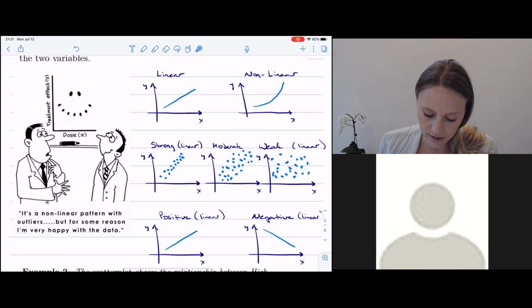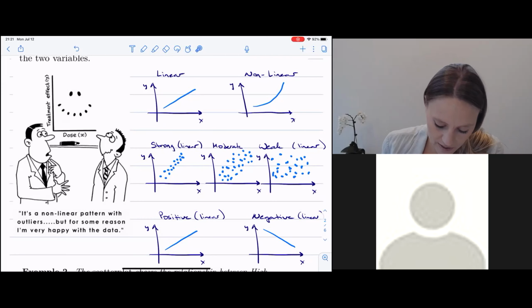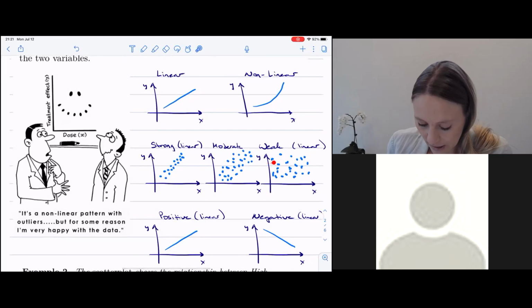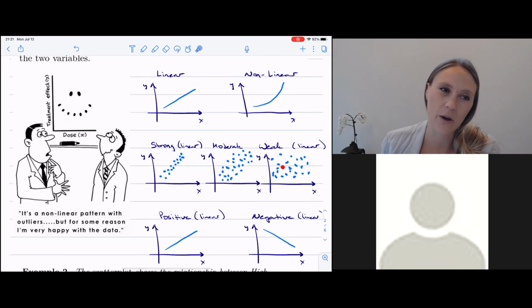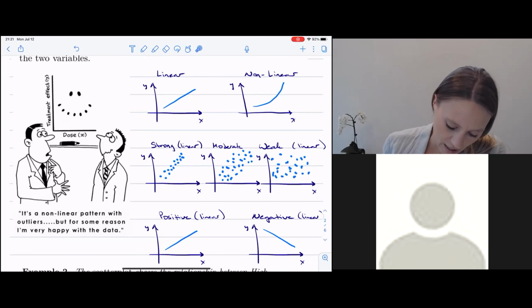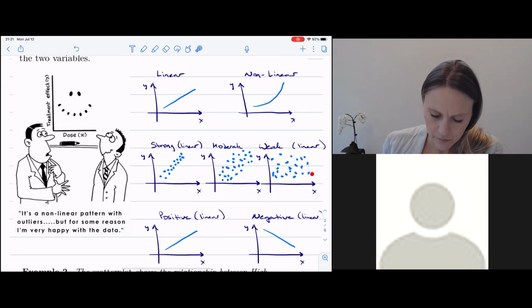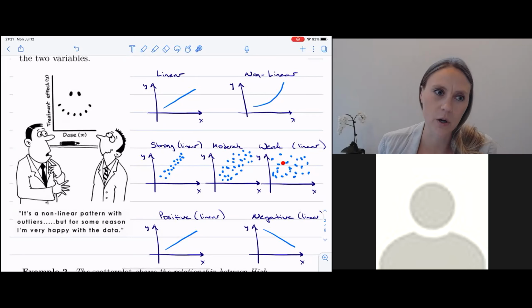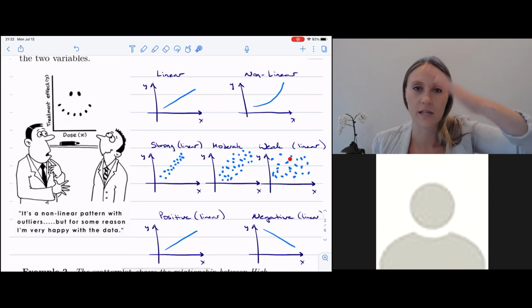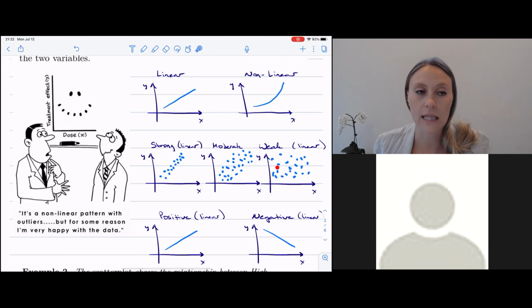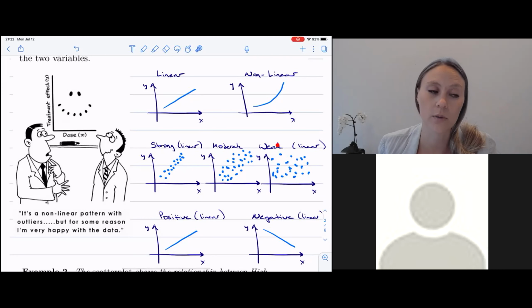And then we have a weak relationship. Notice that when you try to draw a line here, it doesn't matter how you draw this line. It can kind of go any way, and it could be considered the line of best fit. So it'll kind of float around in this cloud, and that's what makes it a weak relationship.